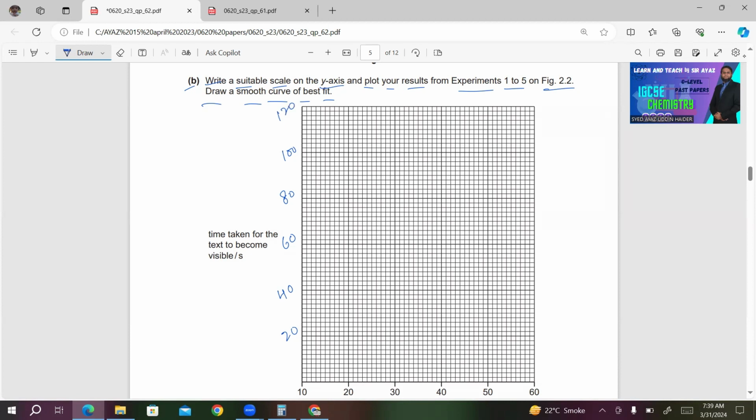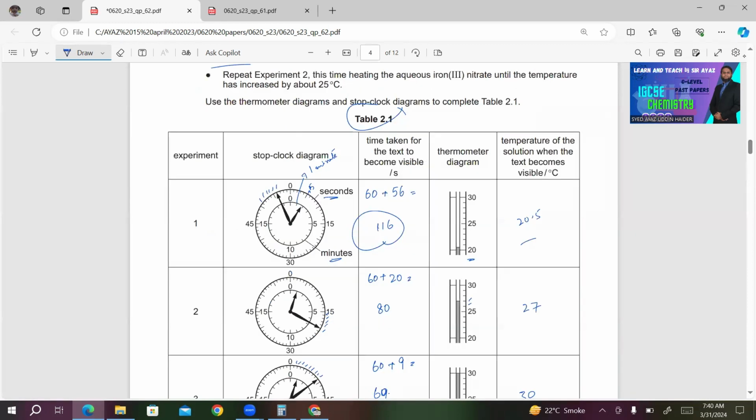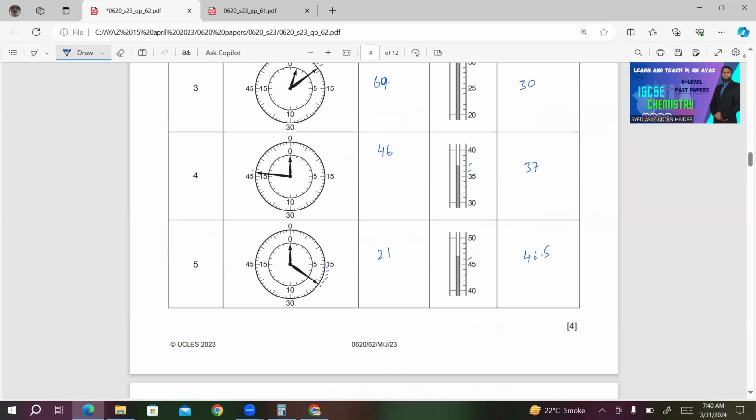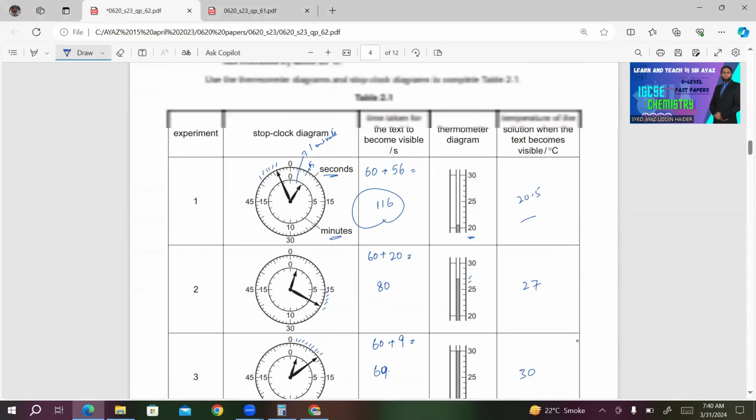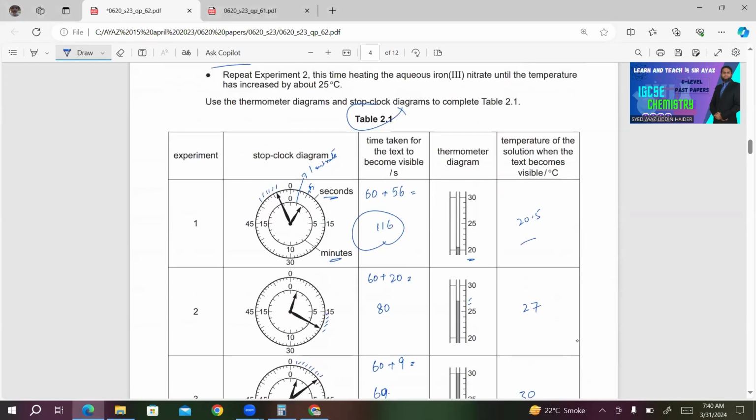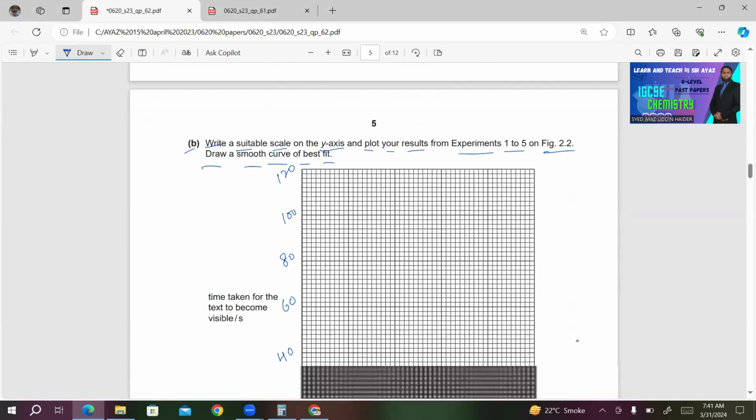So first, 116 seconds for 20.5. So first we have 116 seconds for 20.5 degrees centigrade.